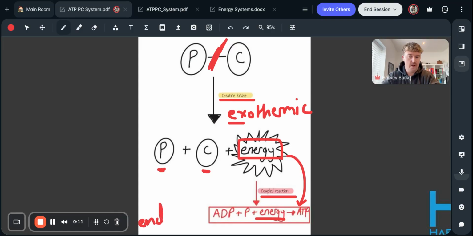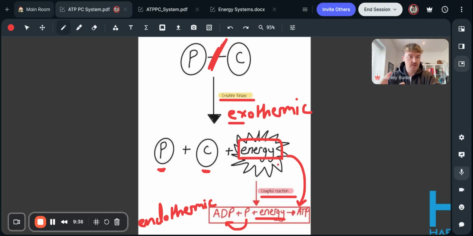So this is always the endothermic reaction that the energy from any of the three energy systems is being used in. So you've got an ADP molecule, you've got a phosphate, and then that energy that's come from this reaction here, that energy is being used to stick that phosphate back onto ADP to make ATP.